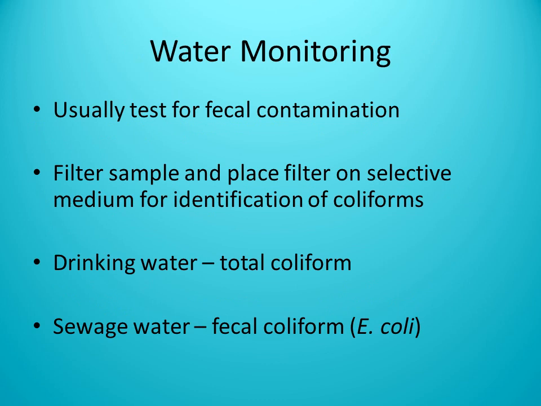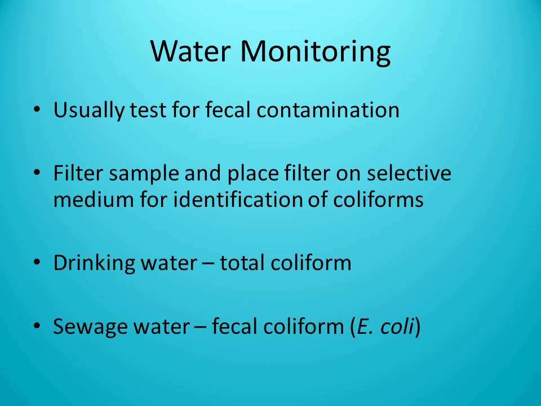From both drinking water and sewage treatment plants, you need to be monitoring that water, the effluent, the water that's being released. Usually what you're going to be looking for is making sure there's no fecal contamination in there. So you're going to take a sample, you filter it, and you place that filter on a selective medium. And the identification process, you are looking for coliforms, specifically, usually fecal coliforms.